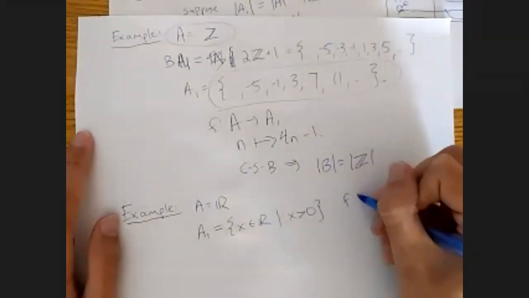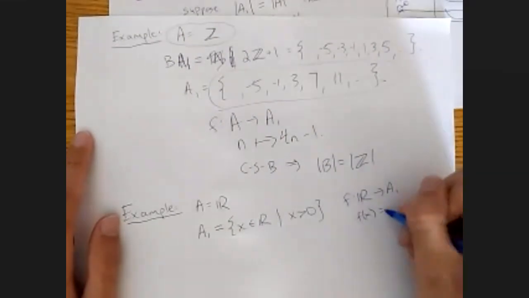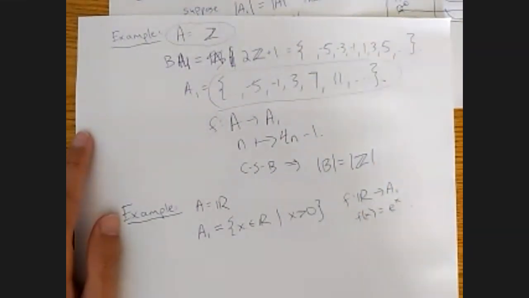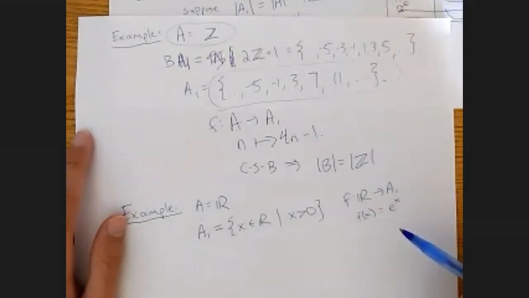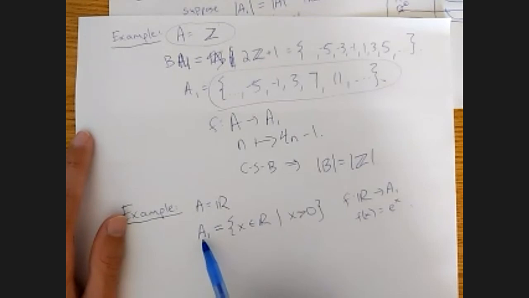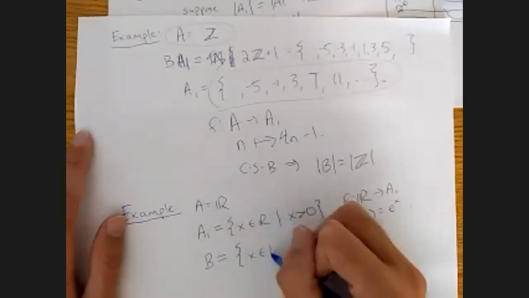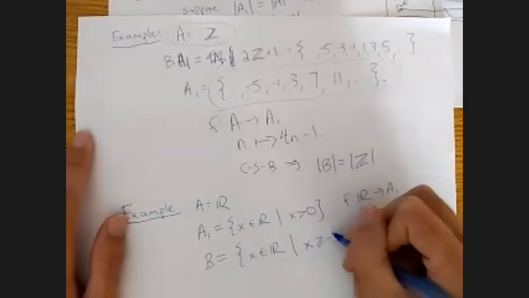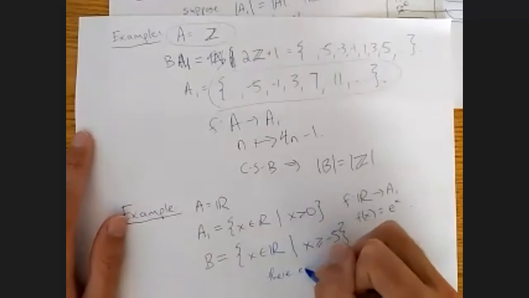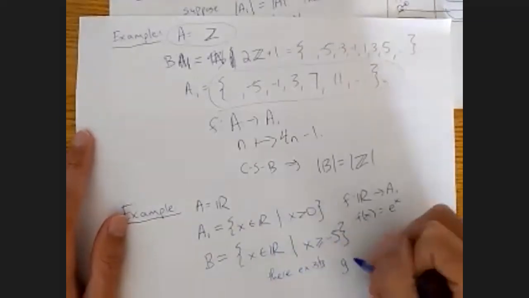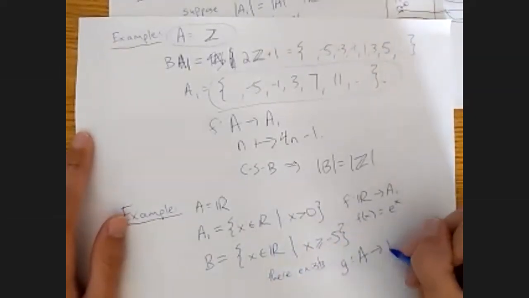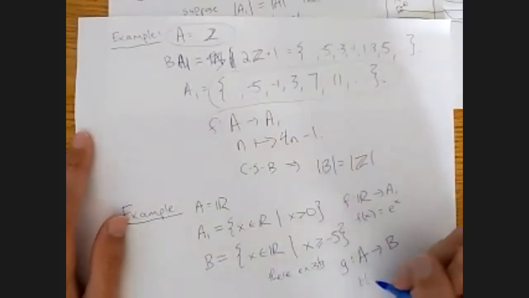And we have f from R to A1. This is one-to-one and onto A1. The Bernstein theorem, or well, this lemma, will tell us that if you have any set that contains A1, for example, if you take B to be all the real numbers, there exists g from A to B which is one-to-one and onto.